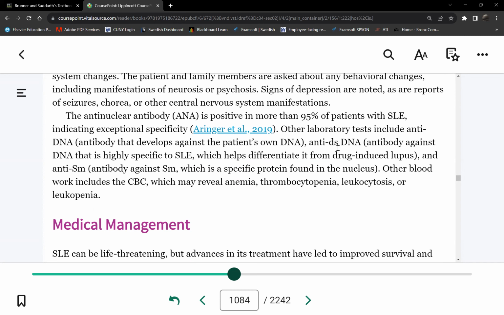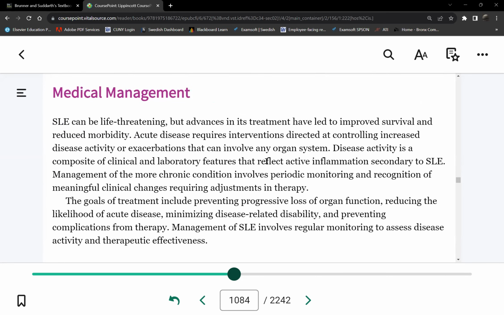Now, the purpose of these tests is only to eliminate other potential diagnoses, so that if we eliminate that it's not rheumatoid arthritis, it's not systemic sclerosis, it's not multiple sclerosis, they end up with a diagnosis of lupus. All right, any questions so far? All right, let's go to treatment now.